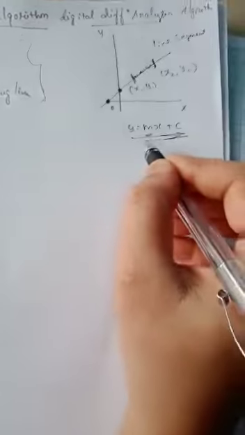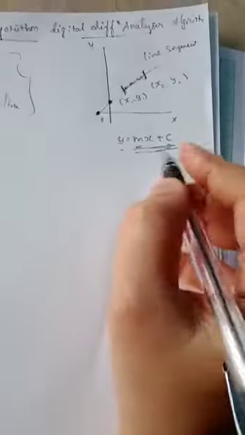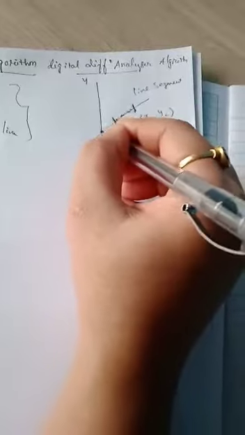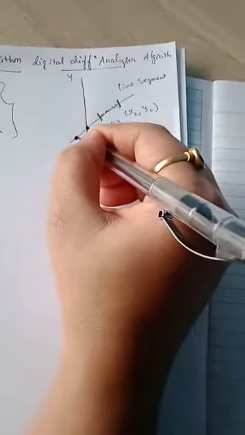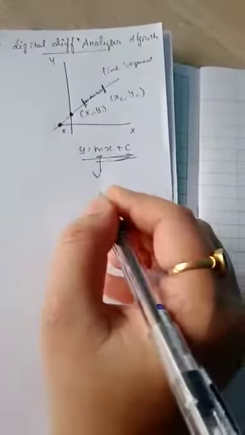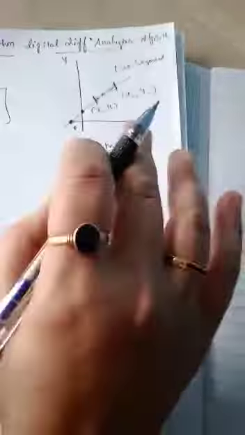So we know the line equation is y is equal to mx plus c, where m is the slope of the line and c is the point where the line intersects the y-axis. This we call the y-intercept, and this we call the x-intercept. If we know the slope and the y-intercept of the line, then we can find the points of the line.